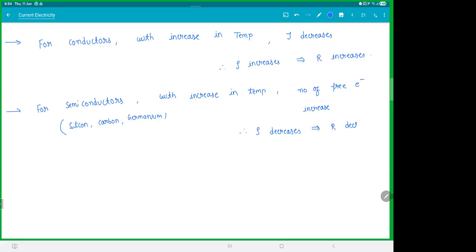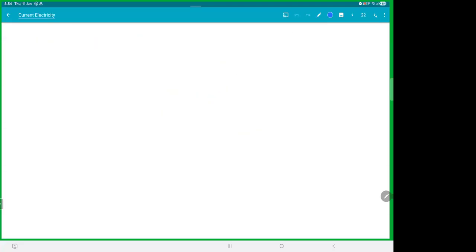In case of a conductor, you already have a lot of free electrons, so even if you increase the temperature, the change is negligible. But for a semiconductor, it is like you have 10 people carrying your food and now suddenly there are 100 people, so the percentage change is 10 times more. Think of it like this: for a conductor, there are 1 crore, 10 power 7, free electrons. For a semiconductor, there are 10 power 3 free electrons.